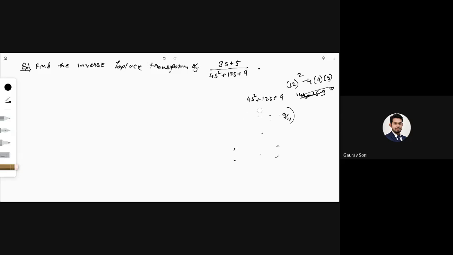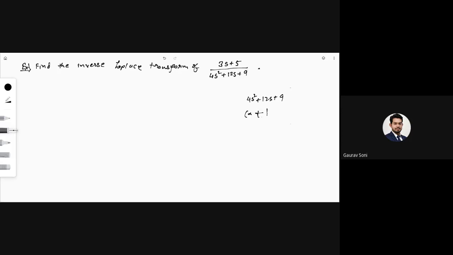So what we have to do here is we will convert it into a complete square. What I mean by completing the square is half the coefficient of s, whole square. Completing the square means you need to convert it to the form a plus b whole square.